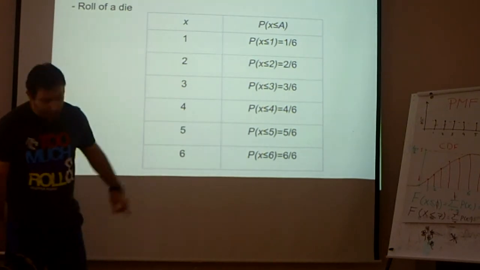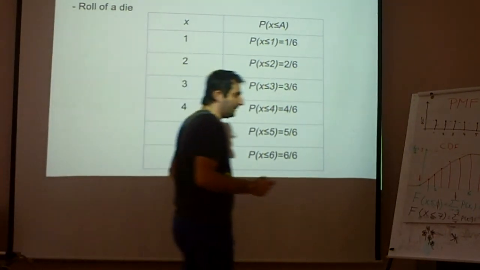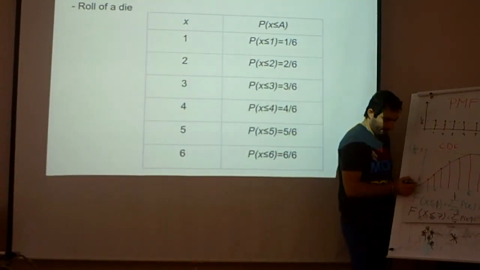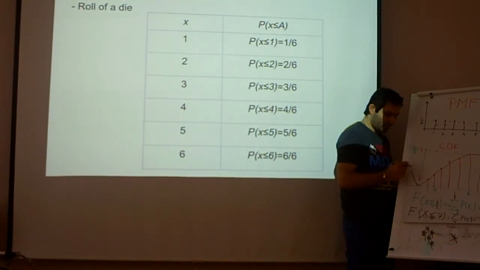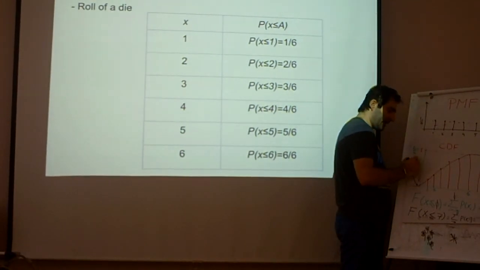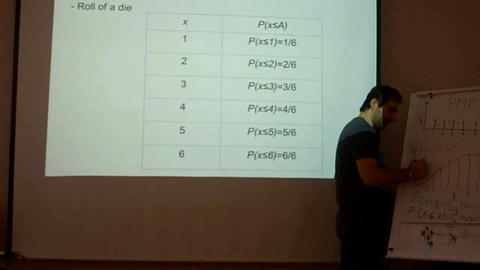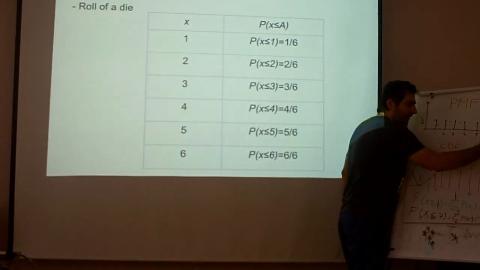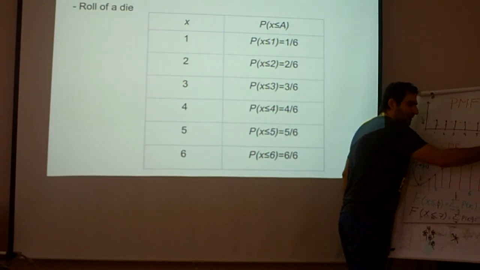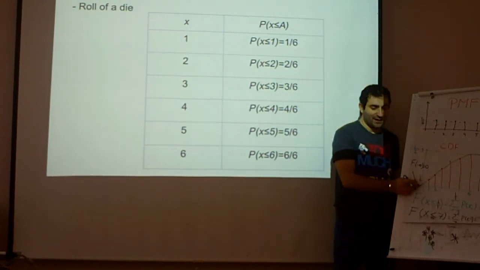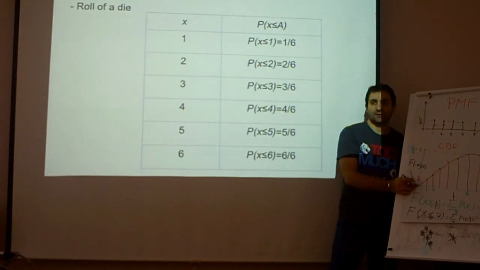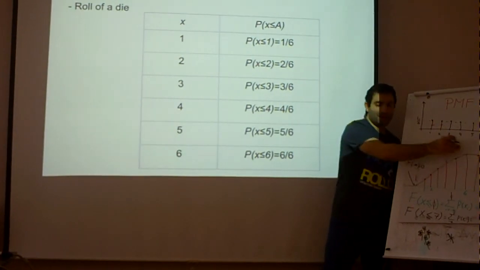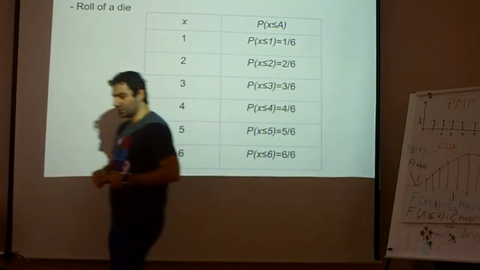From this graph, what we get is F of minus infinity is equal to 0, and F of plus infinity is equal to 1. Here we know that from minus infinity to 0 is actually 0, and from 7 to plus infinity is actually 1.